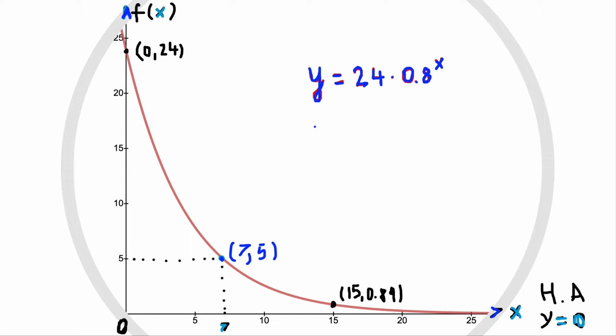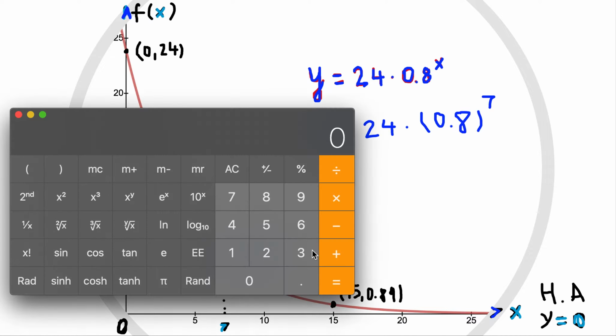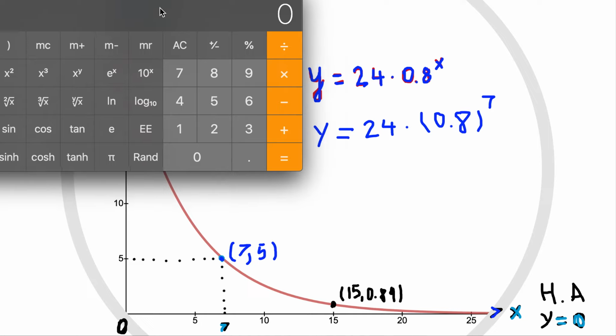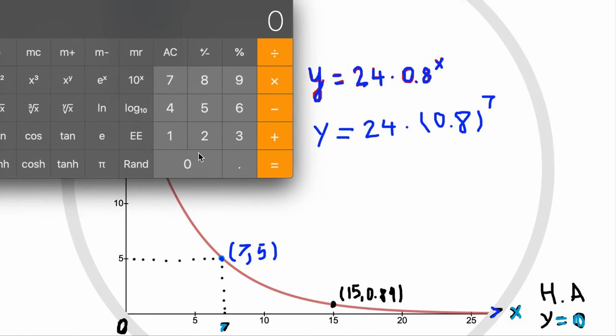But if we want to make sure, we plug in y equals 24 times 0.8, and x is 7, which means 7 years, and we want to know the value of the car. Calculating, 0.8 to the exponent 7 gives 0.29.